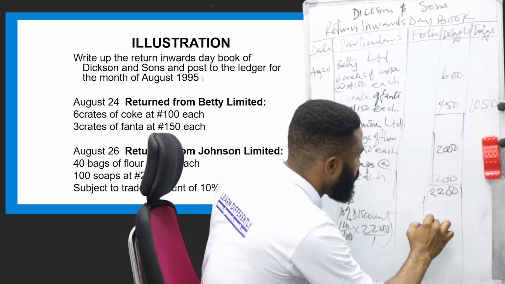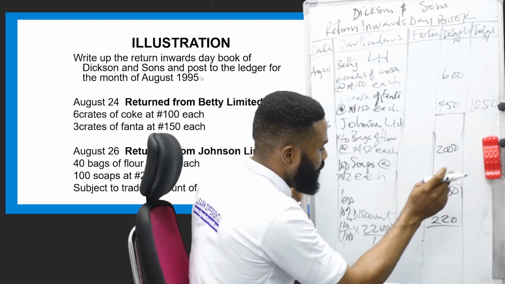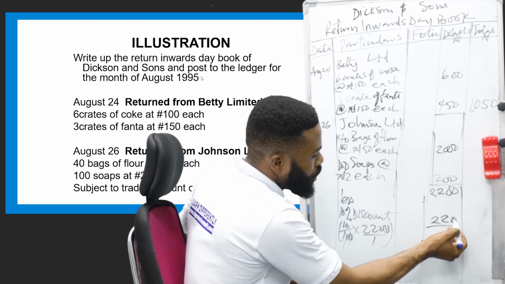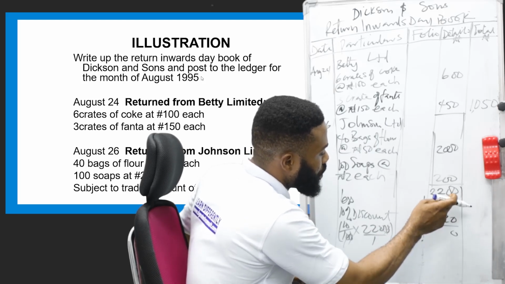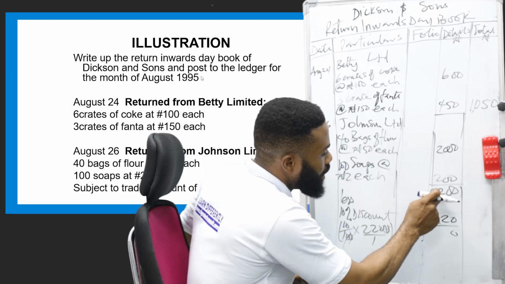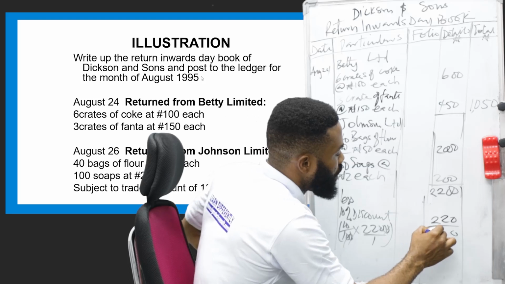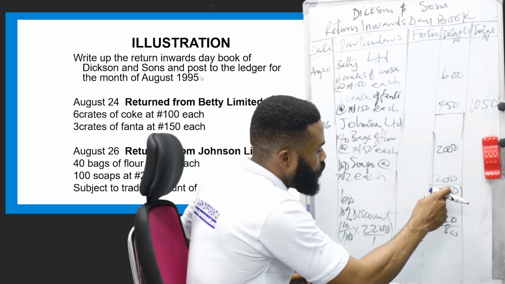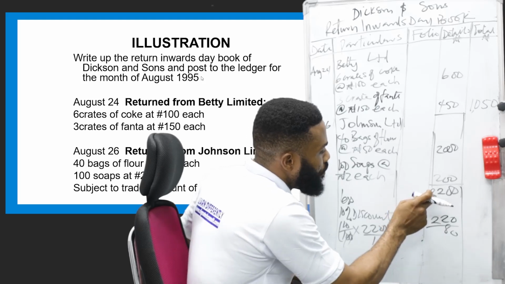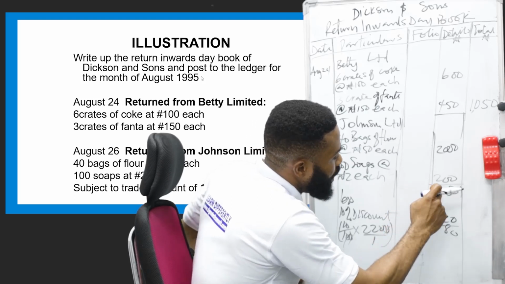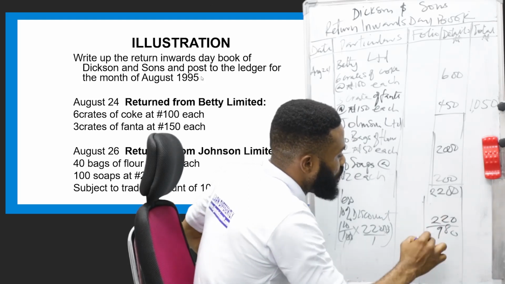If you subtract 220 from here, let's do it together. 0 minus 0 is 0. 0 minus 2, you cannot. Take 1 from 2 to here, it will give you 10. 10 minus 2 will give you 8. Then you'll be left with 1 here. 2 cannot be subtracted from 1. Take 1 from here to that 1, it will give you 11. 11 minus 2 is 9. 1 will be left here.